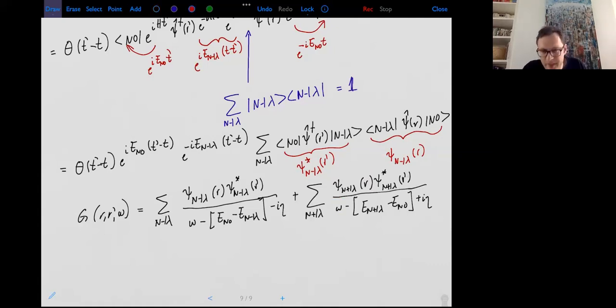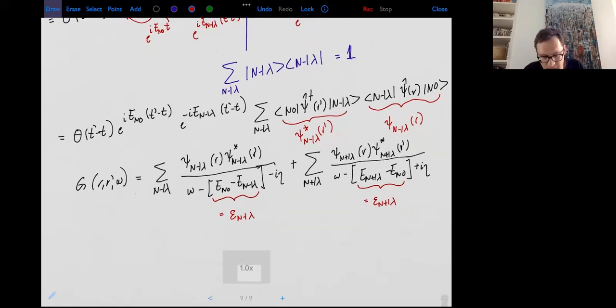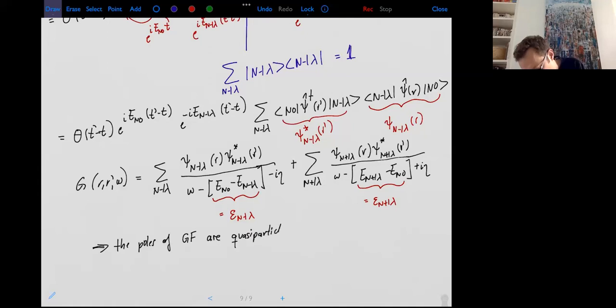Of course, the most important observation here is that these things in brackets are what we previously introduced as the quasi-particle energies, which are precisely the quantities that are measured in a photoemission experiment. So this is the key piece, that the poles of the Green's functions are the quasi-particle energies measured in experiments.